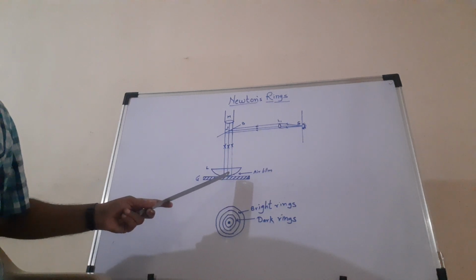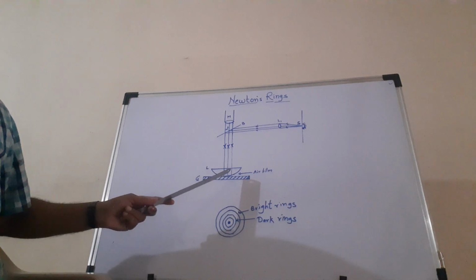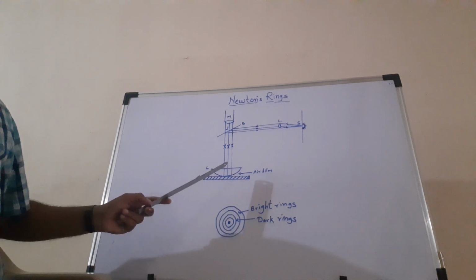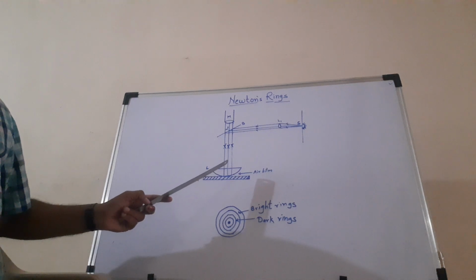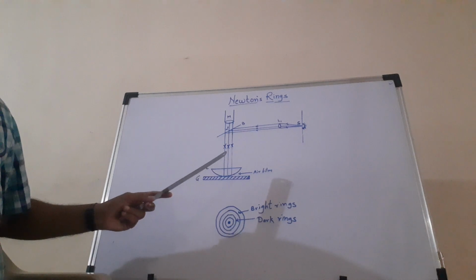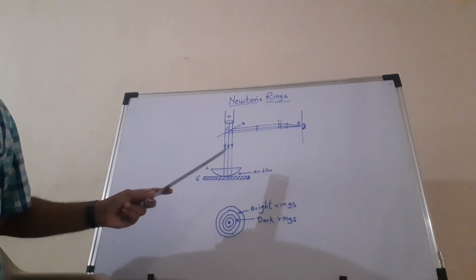The thickness of the film is very small at the point of contact and gradually increases from the center outwards. When viewed with white light, the fringes are colored. With monochromatic light, bright and dark circular rings are produced in the air film.